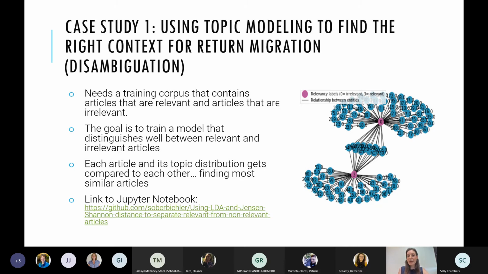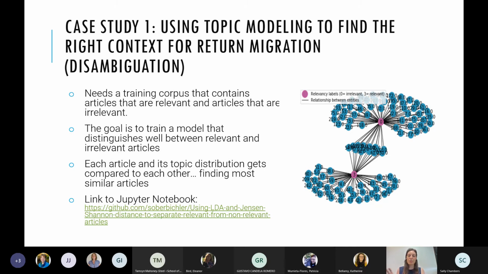I'm not going too much into detail because the Jupyter notebook is here, where you can read exactly how everything was done. The further goal, once I had topics that were very well distinguished between each other, was to compare the articles.